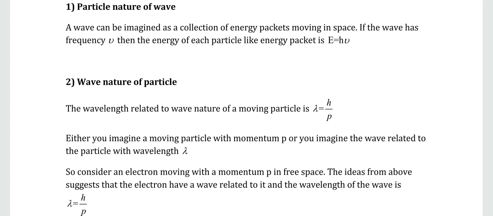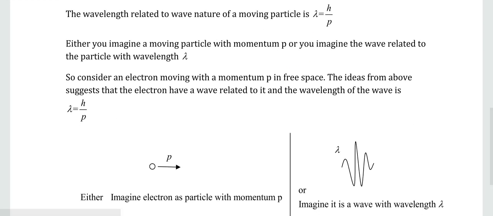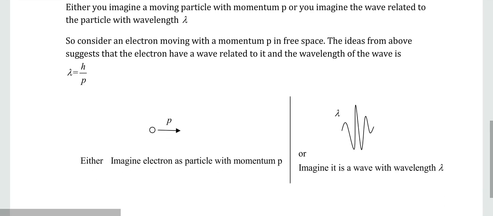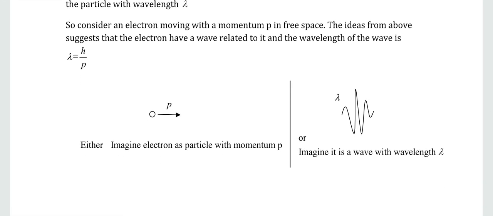Now continuing forward, when you understand that particles also behave as waves, you have two ways to visualize it. Please try to understand this. One way is you see the particle as just a round spherical particle moving with momentum p.